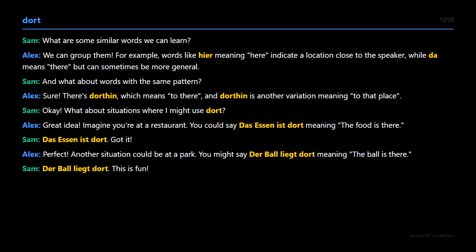Got it? Perfect. Another situation could be at a park. You might say, Der Ball liegt dort, meaning the ball is there. Der Ball liegt dort. This is fun.